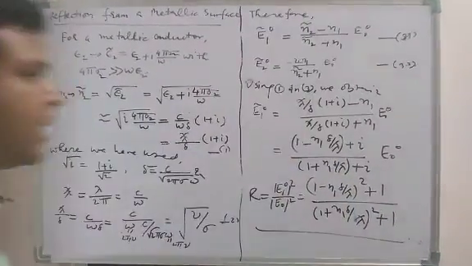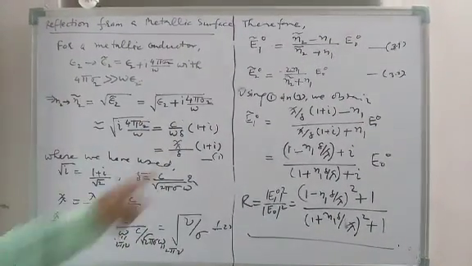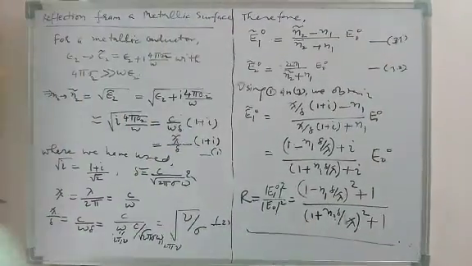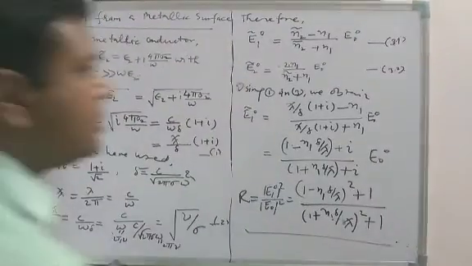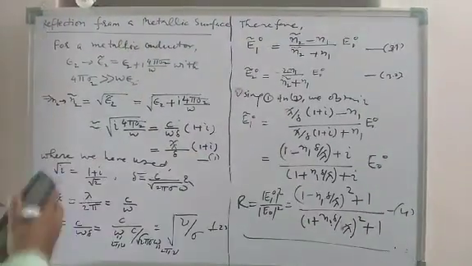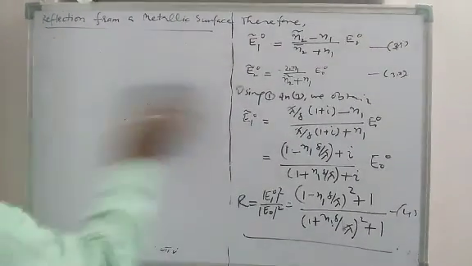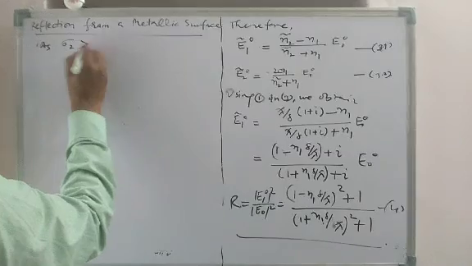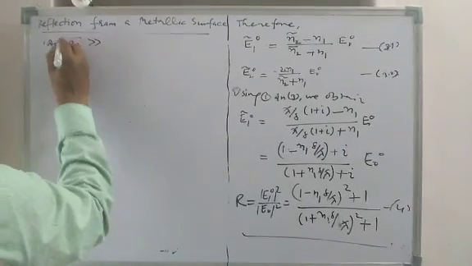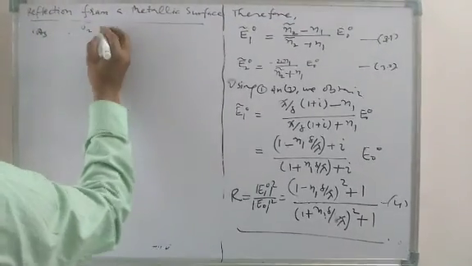Now I'll consider the case where delta by lambda is going to be very small because sigma is very large. So for large conductivity, delta by lambda, which is root mu by sigma, as sigma 2 is very, very large, as sigma 2 is very high.